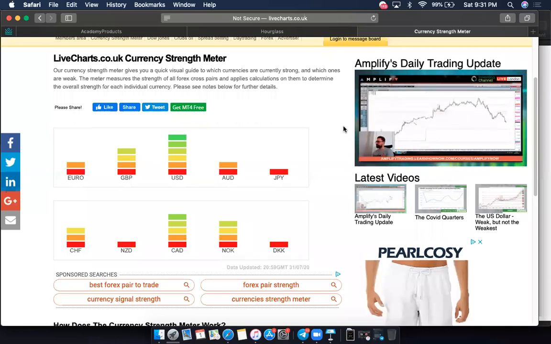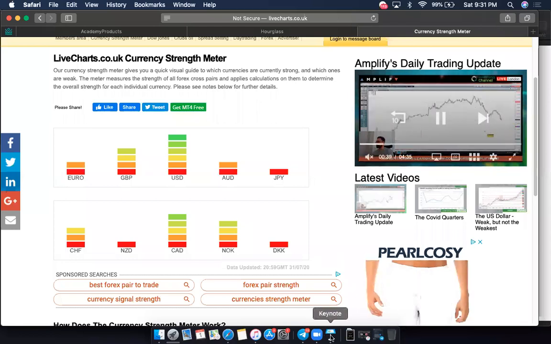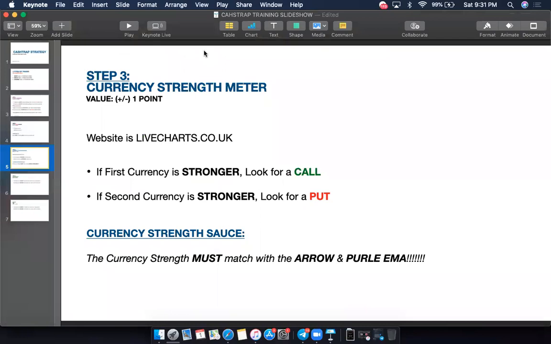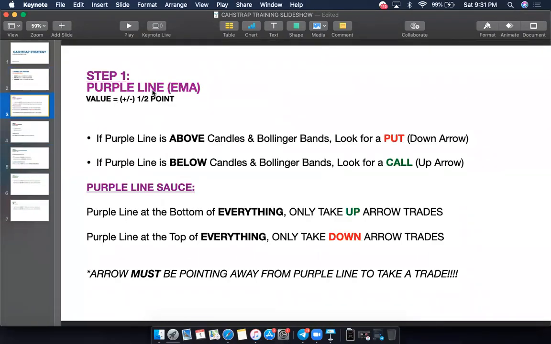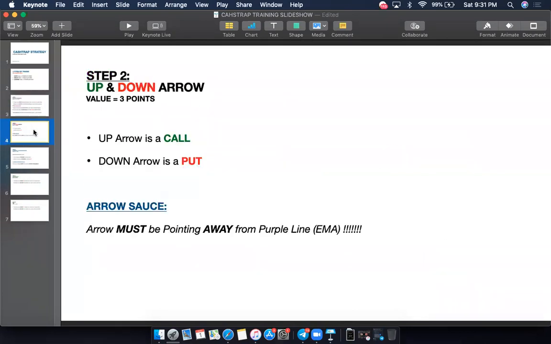So to make your trading experience much better and more lucrative, you need these first 3 steps. First thing you want to look at is the purple line. Is it above or below everything? If it's below everything, that means for the next step, I'm looking for an up arrow.